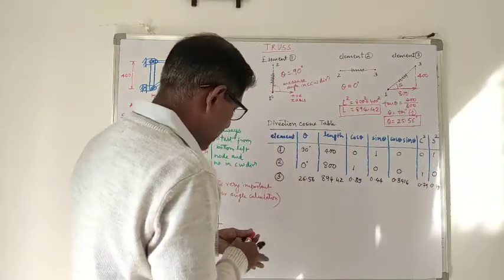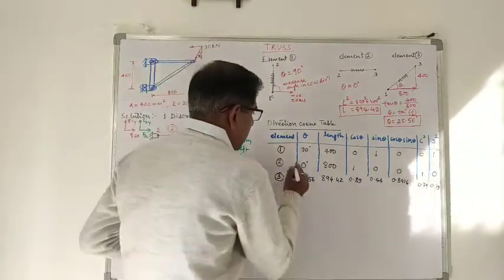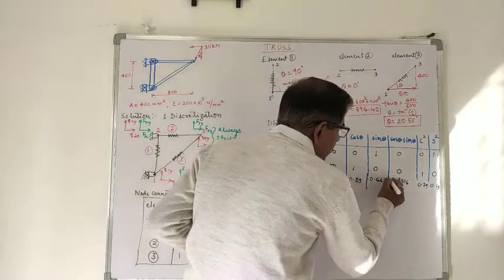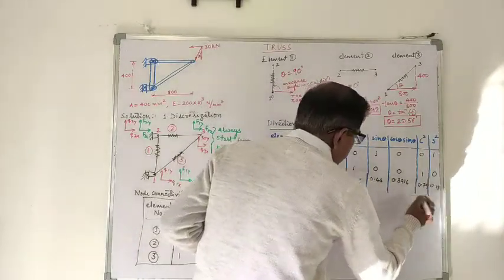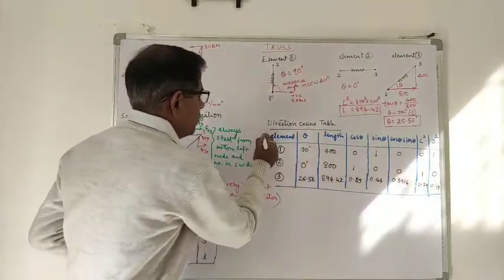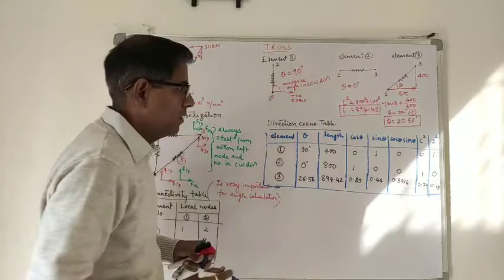So in this way, this direction cosine table is completed. So this is the direction cosine table.